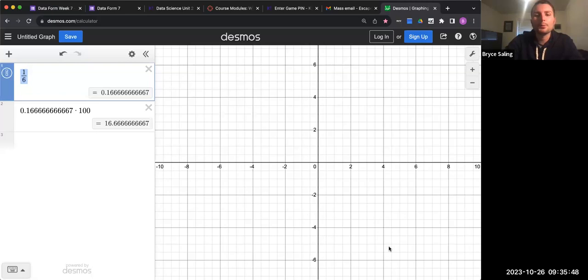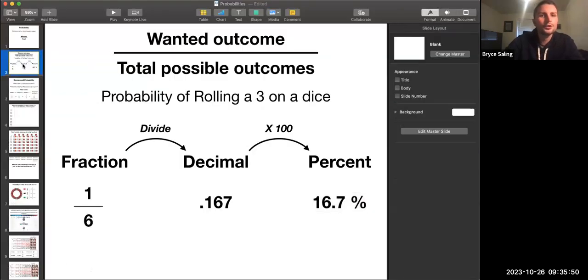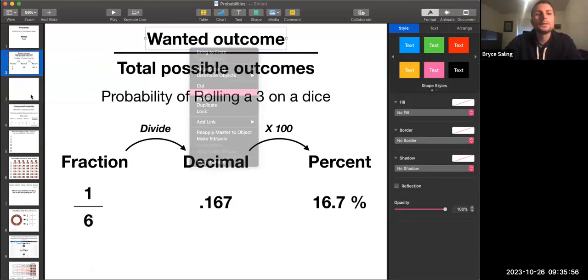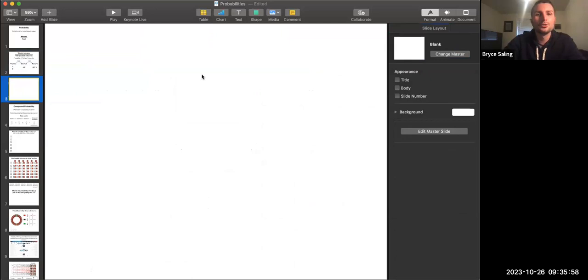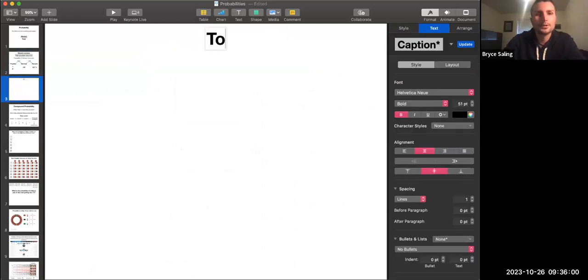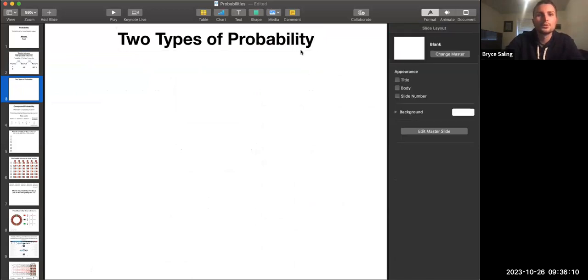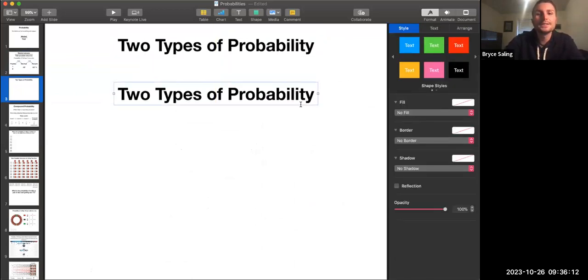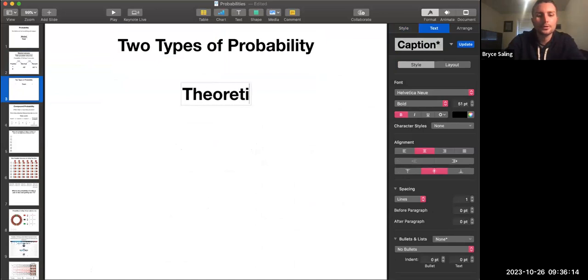In probability, there are 2 main types of probability. And this will be on your quiz questions. There are two types. The first is theoretical.